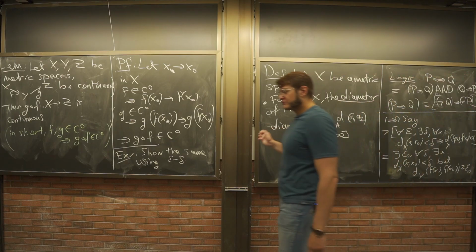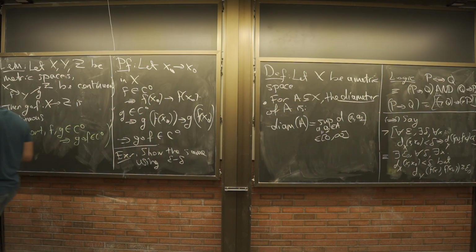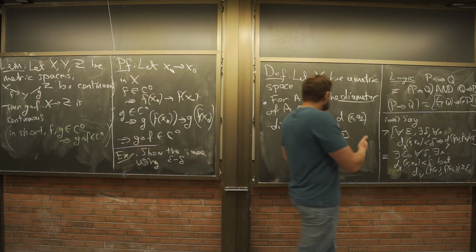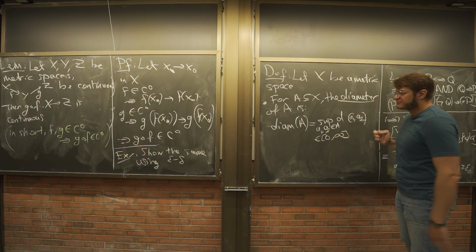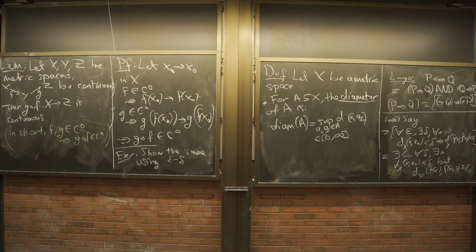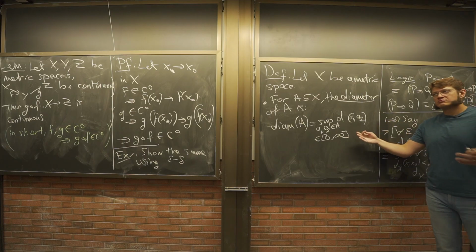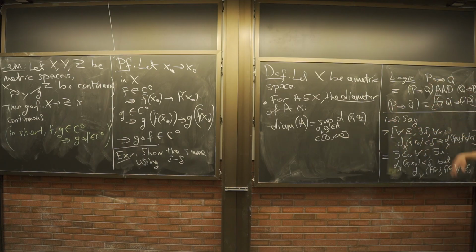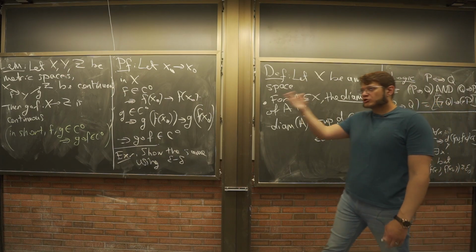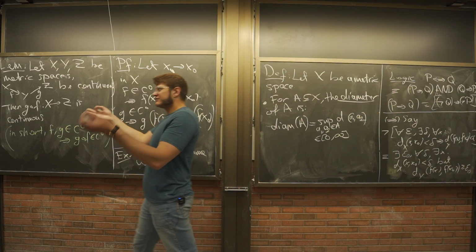In a sense, this too is continuous, but we're not going to develop the structure to make sense of that statement. So at the very least, we have a number or extended number associated to any subset. So the diameter of the reals is infinity, of course, right? But the diameter of, let's say, the closed interval from 0 to 1 is going to be 1.